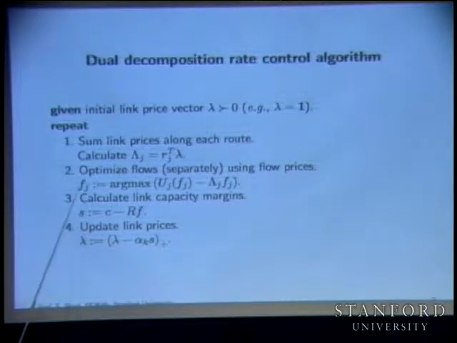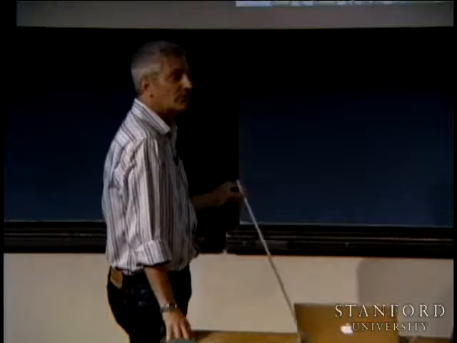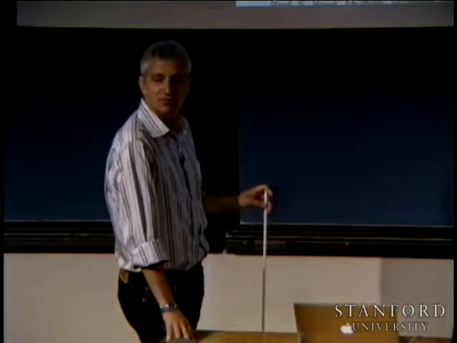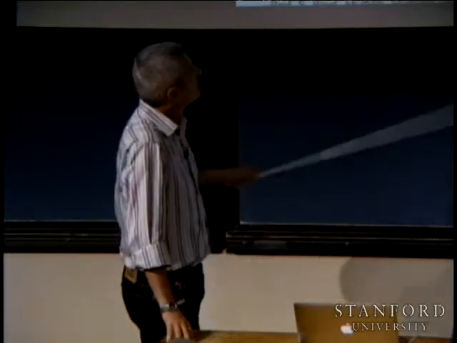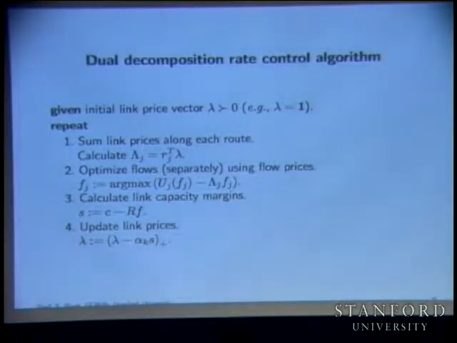Step 3 says these are basically flows calculated with no direct knowledge of link capacities. It doesn't tell you whether you're over or under or anything like that. It says that's the price. Please deal with it. Please crank your flow up until the marginal utility you get is equal to the price. That's actually all you're doing, is you're getting U prime equals lambda J.